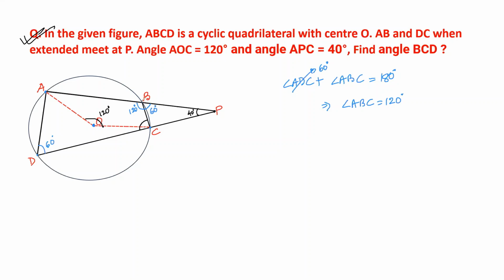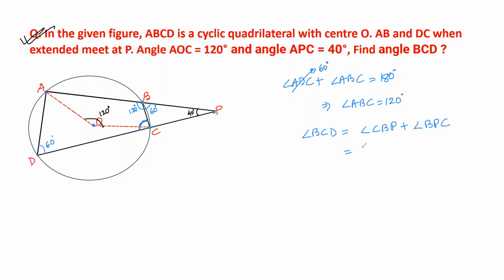Now if we consider the triangle BCP, in that case, this is the exterior angle. And we know that for any triangle, any exterior angle is equal to the sum of the two remote interior angles. So angle BCD would be equal to angle CBP plus angle BPC.